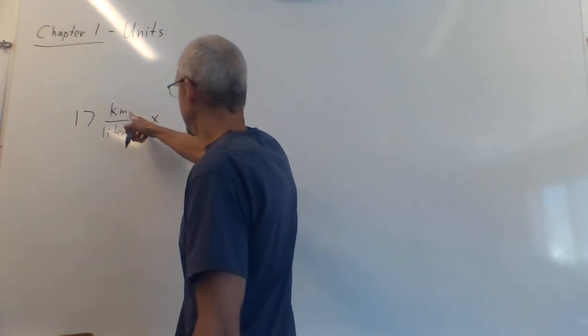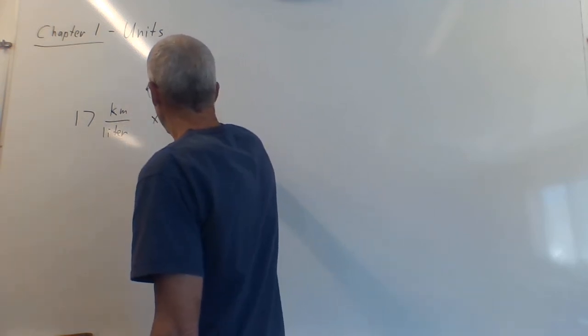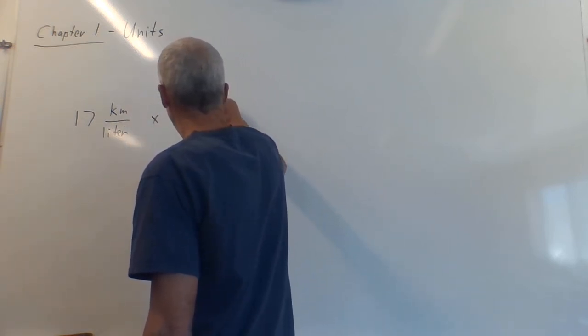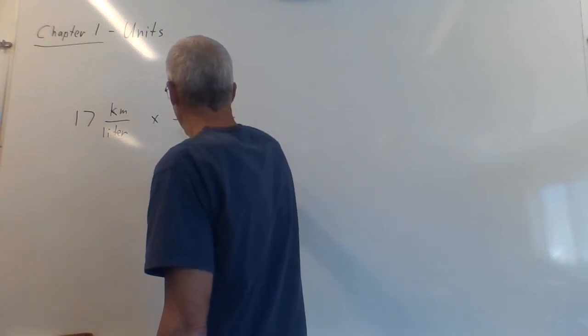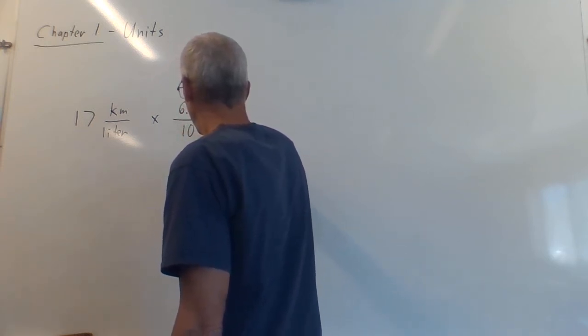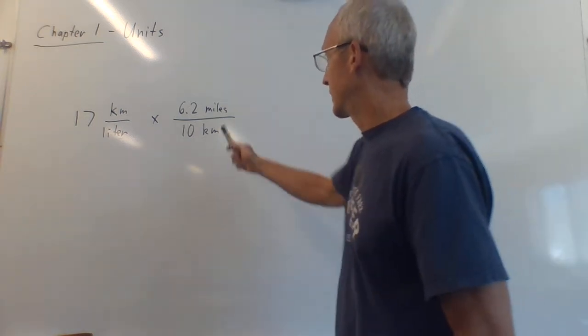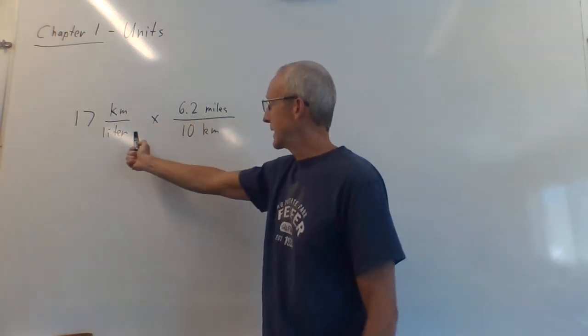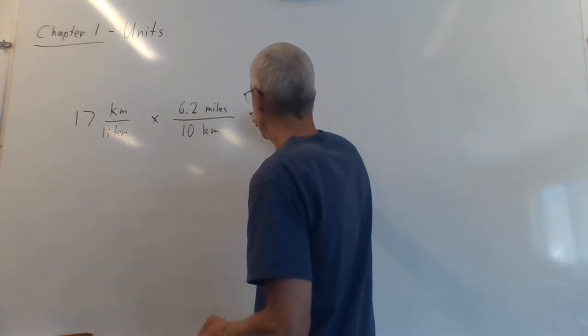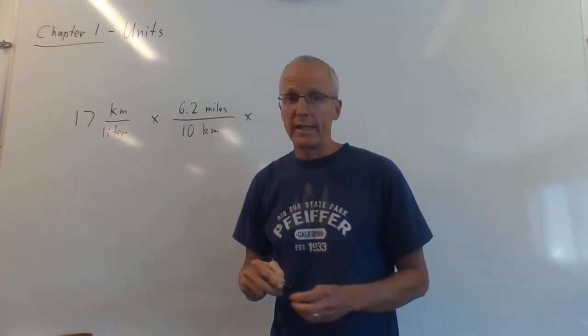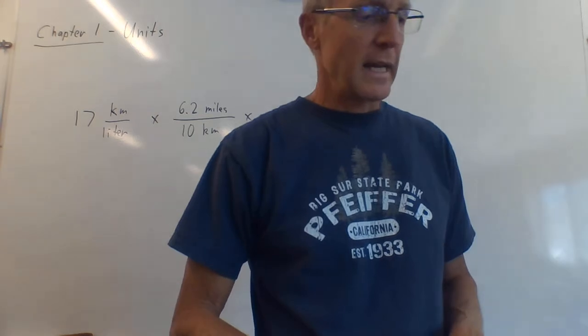So I can multiply, with kilometers in the bottom, so I put 6.2 miles in the top over 10 kilometers. That's multiplying by 1. They're the same thing. Kilometers are going to cancel with kilometers, and now we've got to cancel out liters. So we could say 1 liter is so many gallons, or a gallon is so many liters. Let me go Google that really quickly.